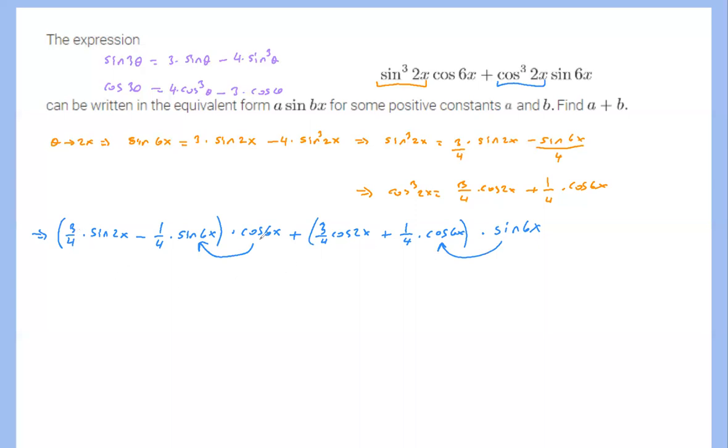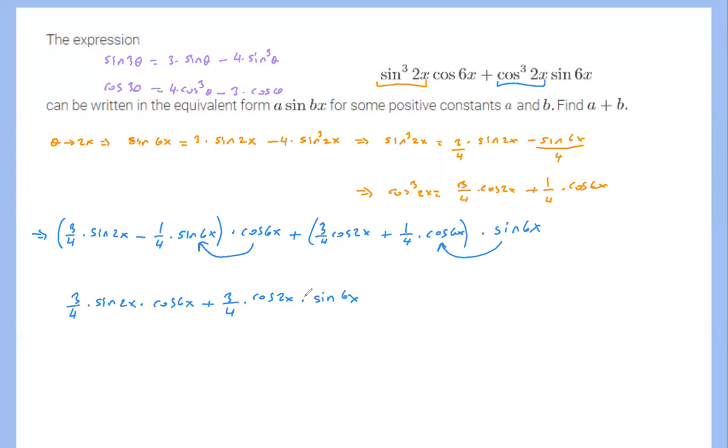So what we are left with is cosine 6x times this one, which will give us 3/4 times the sine 2x times cosine 6x, and 3/4 cosine 2x times sine 6x.